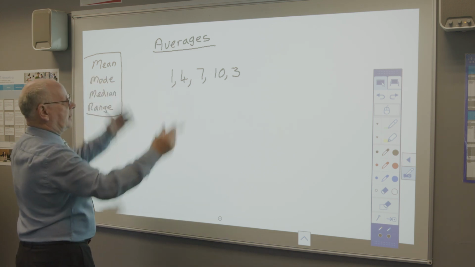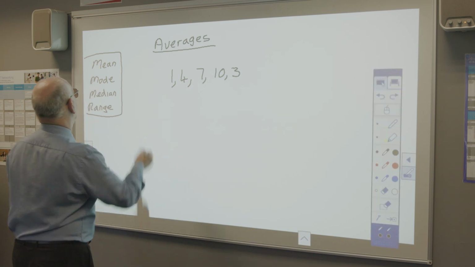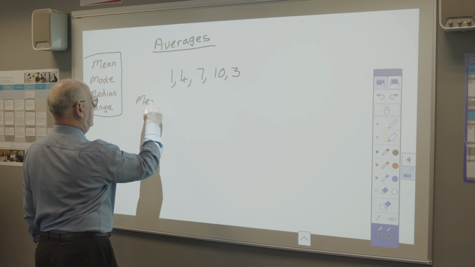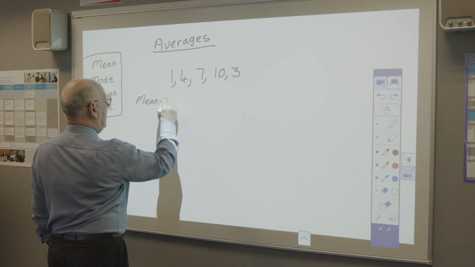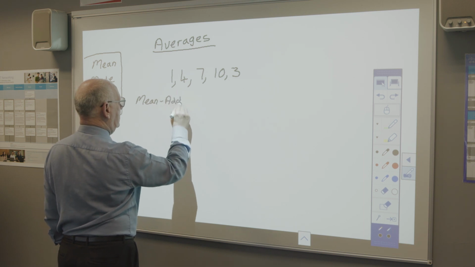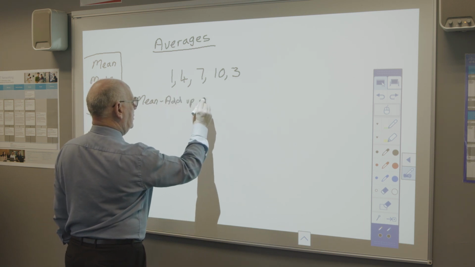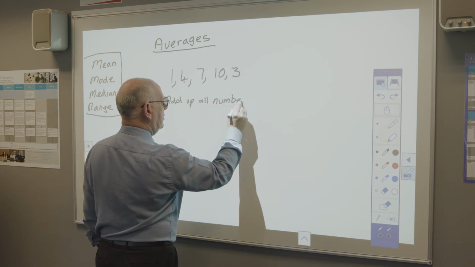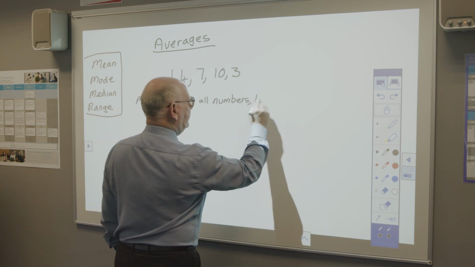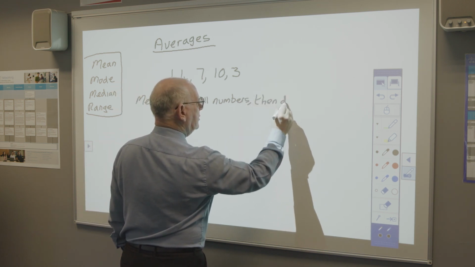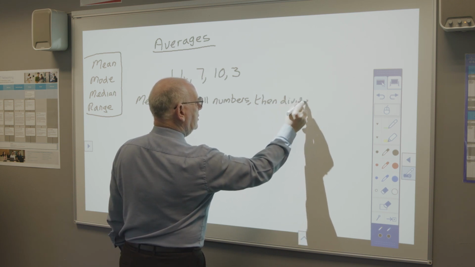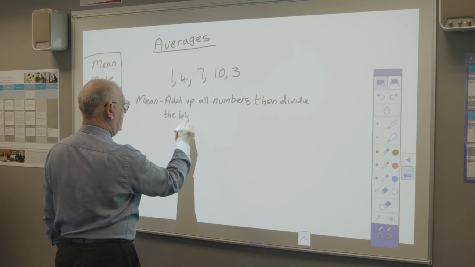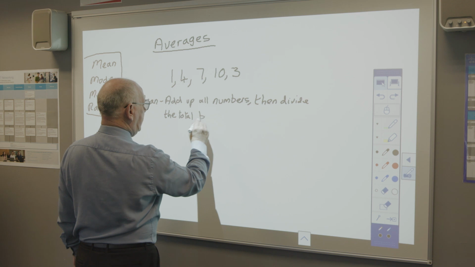So, we've got our table of numbers, our list of numbers, and we're looking for the mean first. So the mean: add up all the numbers, then divide the total by how many numbers there are.